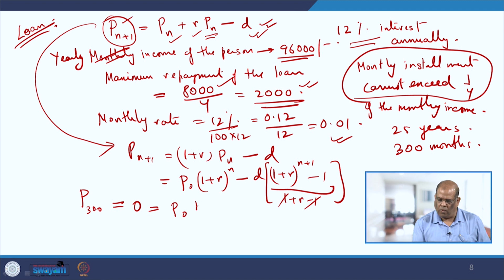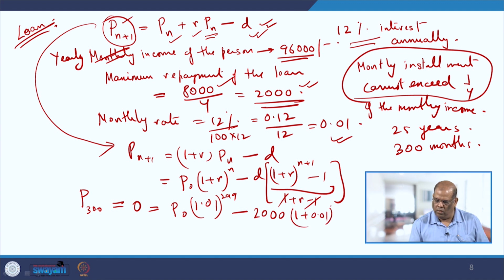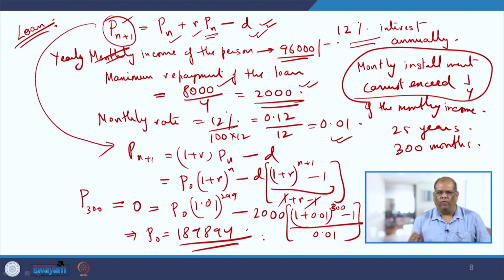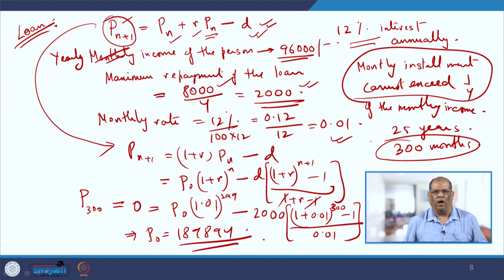This is 1.01 to the power 299 minus D, which is your 2000, times 1 plus 0.01 to the power 300 minus 1, divided by 0.01. If you solve this equation, you will get P0 approximately equal to 189894. So, if you take this much amount of loan, that is the maximum amount, then you will be able to repay it in 300 months.